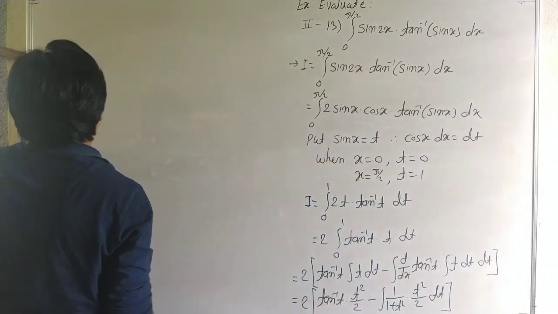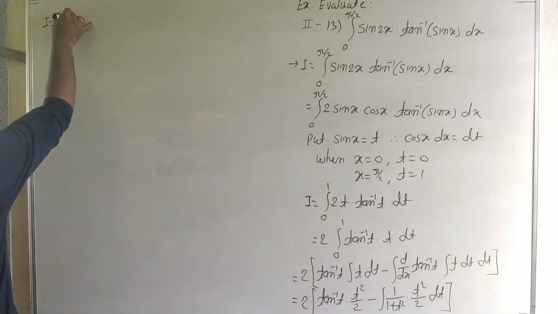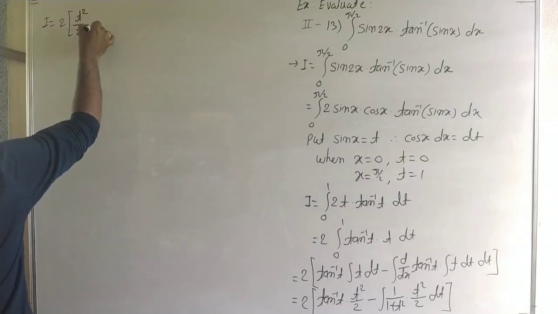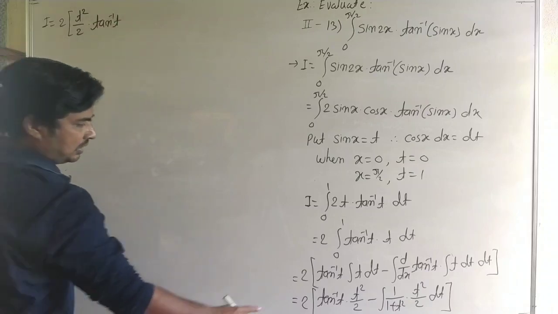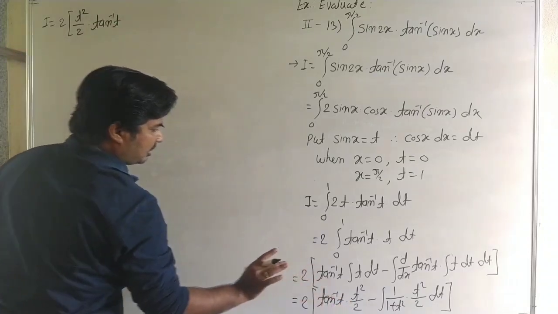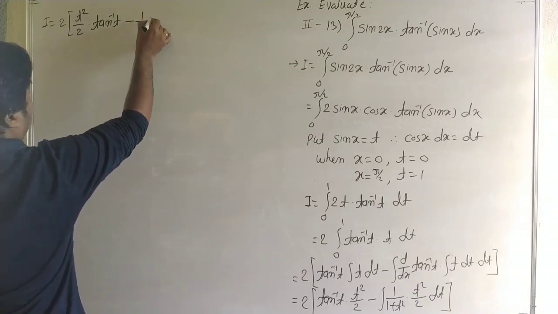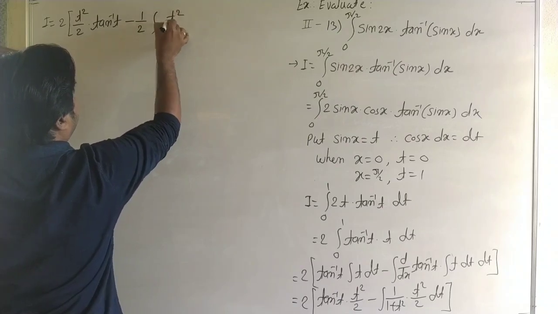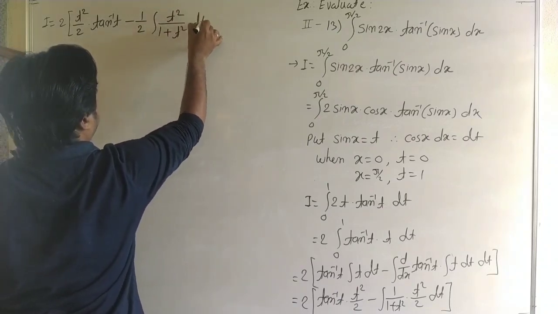Now we can write this as 2 into t square by 2 into tan inverse t as the first term, and in the second we take 1 by 2 common, integral of t square upon 1 plus t square dt.